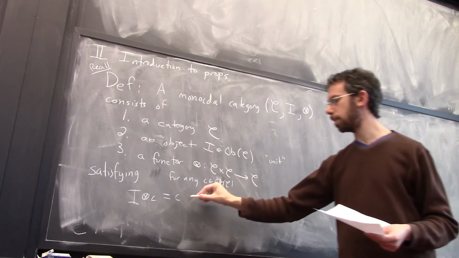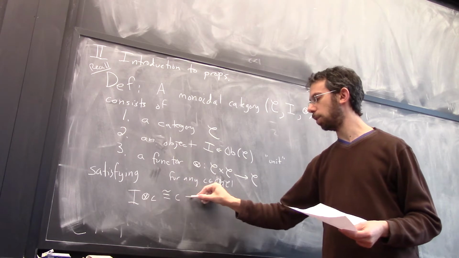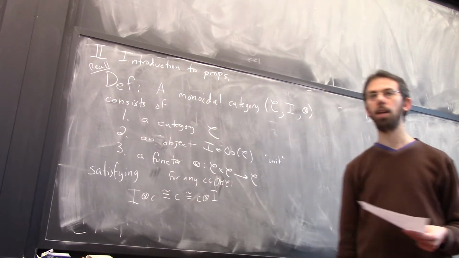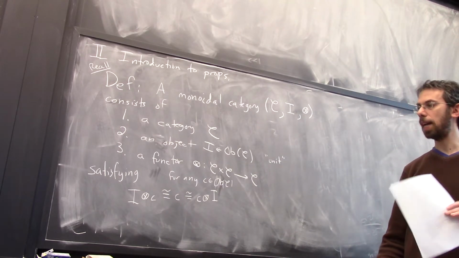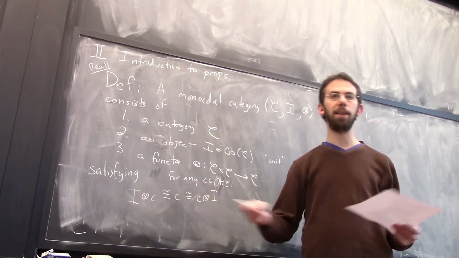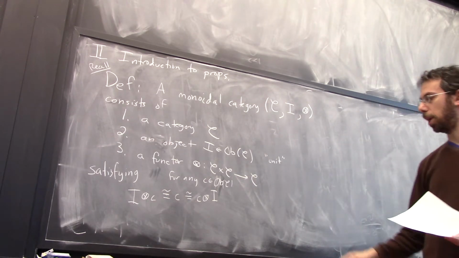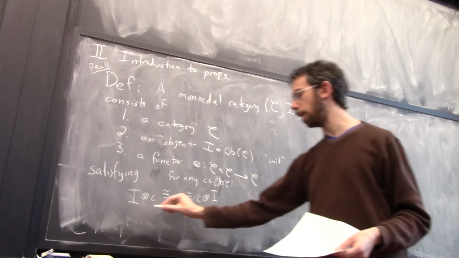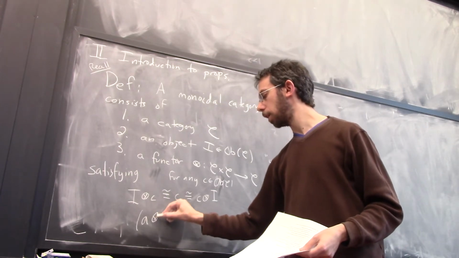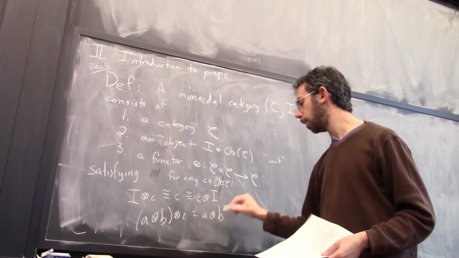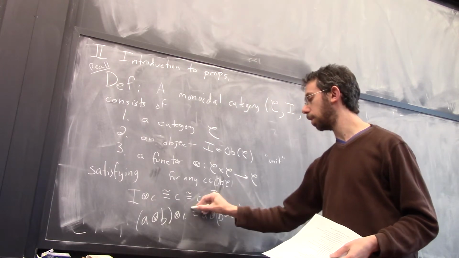I tensor C is C, but not equals. It's actually isomorphic. And C tensor I is isomorphic to C. And technically speaking, I'm supposed to keep track of those isomorphisms and check this pentagon we drew last time and stuff like that. But we don't. That doesn't tend to matter very much for thinking about it. And finally, A tensor B tensor C is A tensor B tensor C.